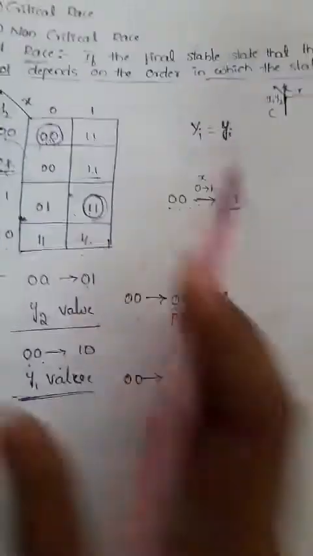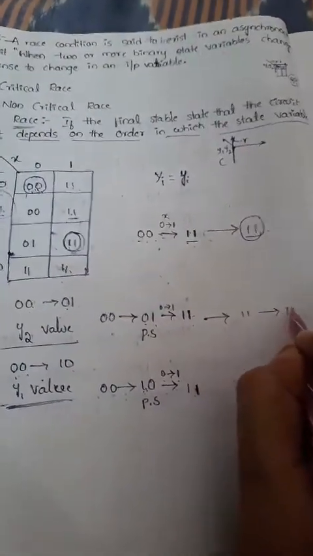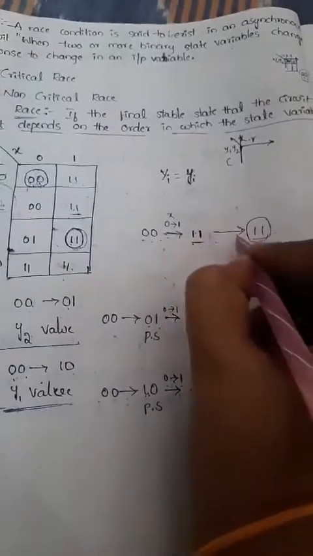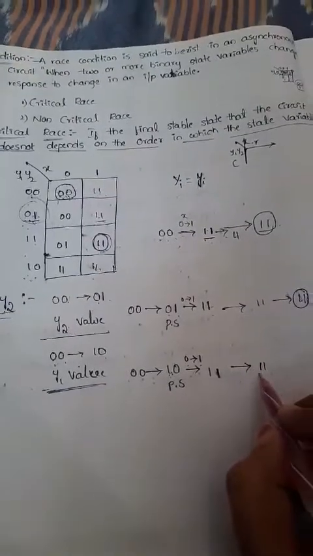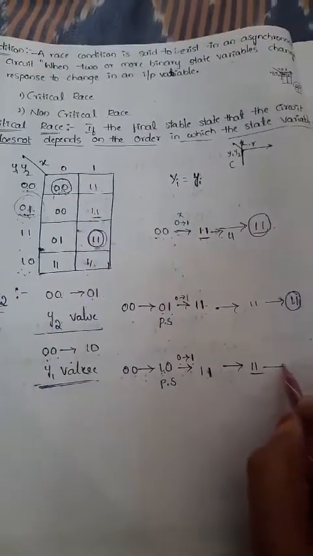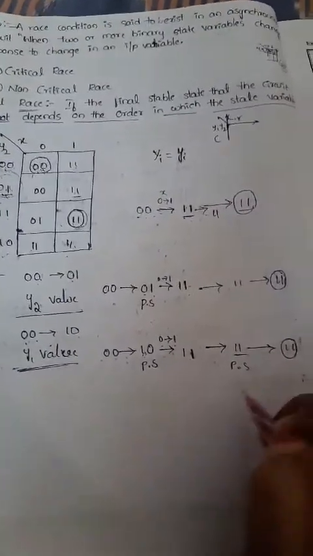So like this, in all the cases after some time this 1 1 will get the stable condition 1 1, and this 1 1 will act like a present state with stable condition 1 1. Okay, so next this 1 1 will act after some time, some delay, as a present state, and then we'll get the stable condition as 1 1.